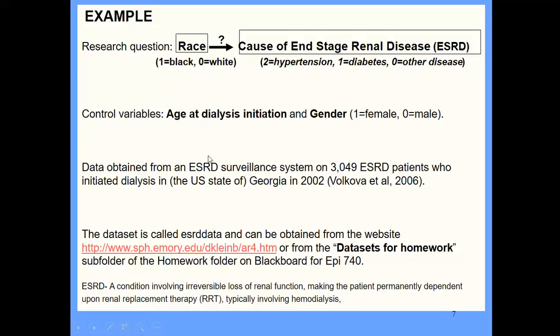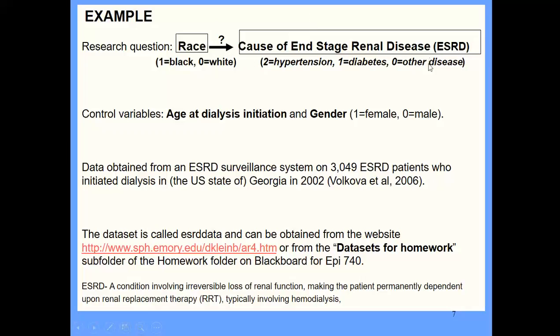And there are 2 variables to be controlled. One is how old they were when the dialysis started, and whether they're male or female. Those are 2. It could have been more, but this is the situation. Okay. Now, what does this mean? Race on cause of end-stage renal disease.